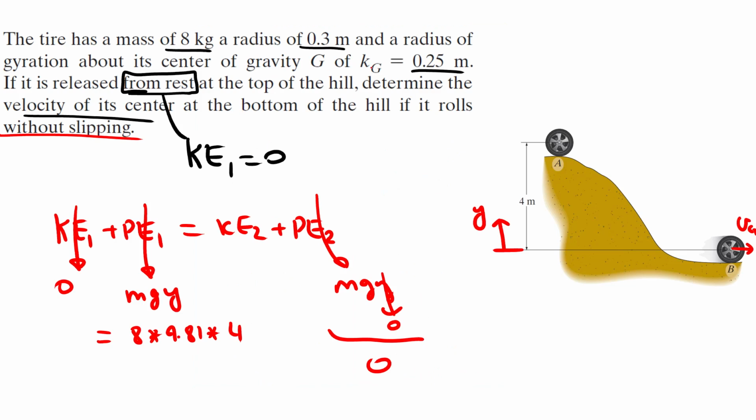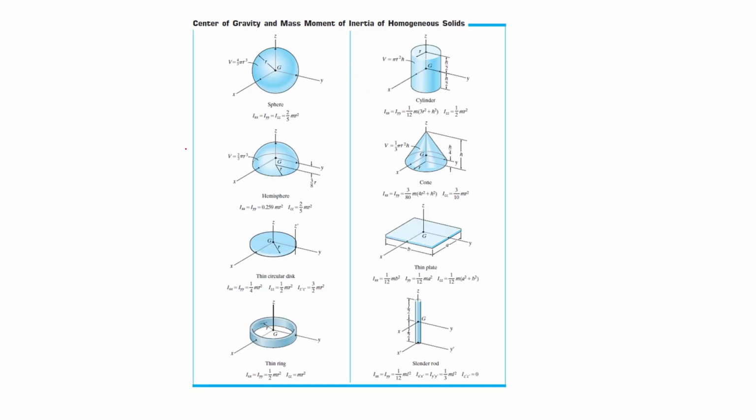So kinetic energy at 2 will have two components. One will be due to rotation and the other one will be due to translation. The Ig value, we can find it from the radius of gyration, which is 0.25.